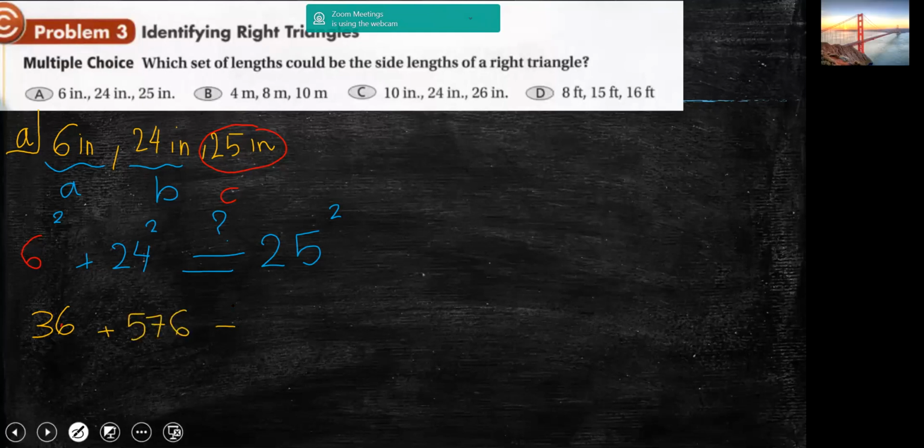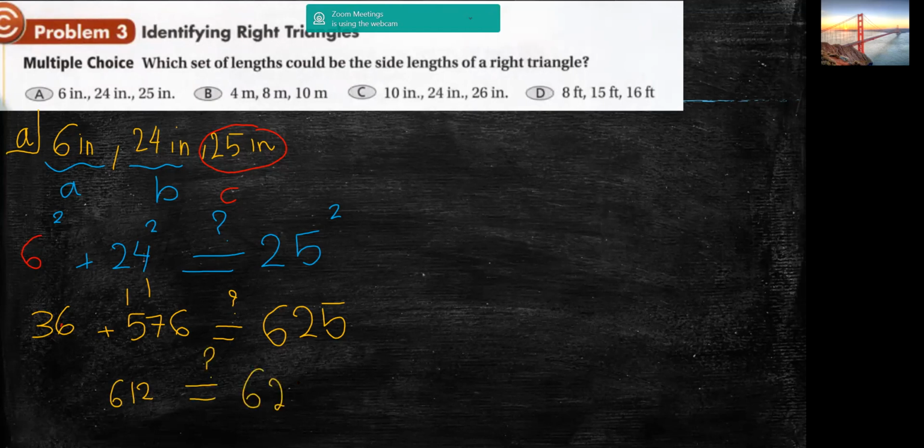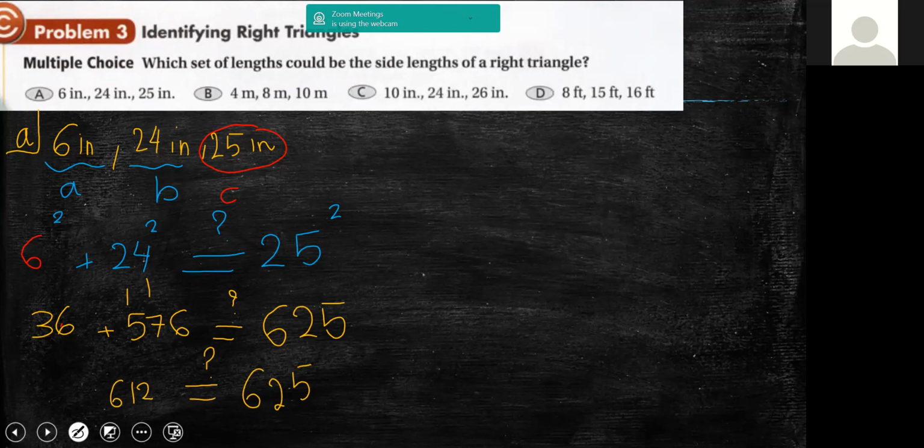Are they equal to 25 squared, which is 625? Let's add them. 6 plus 6, 12. 3 plus 7, 10, plus 1, 11. So is 612 equal to 625? No, they are not equal.